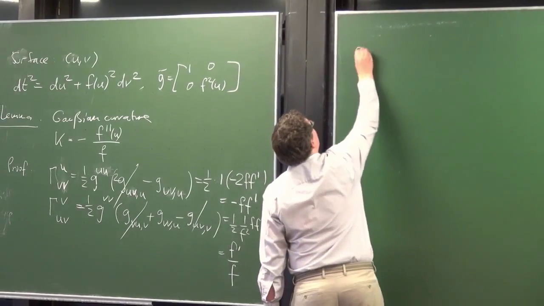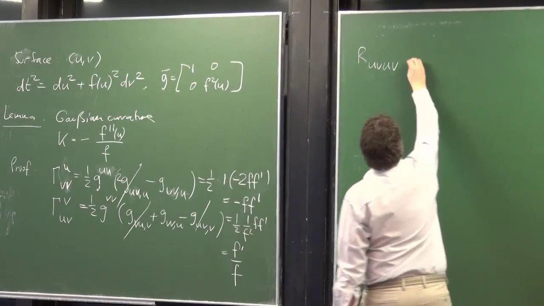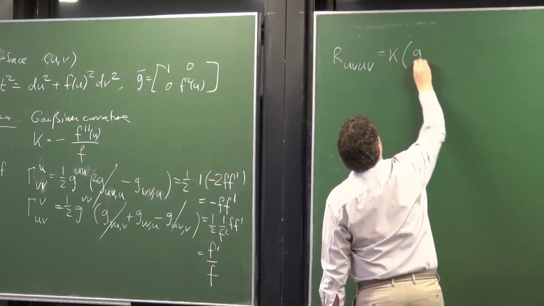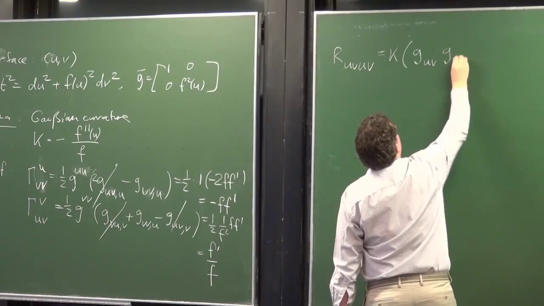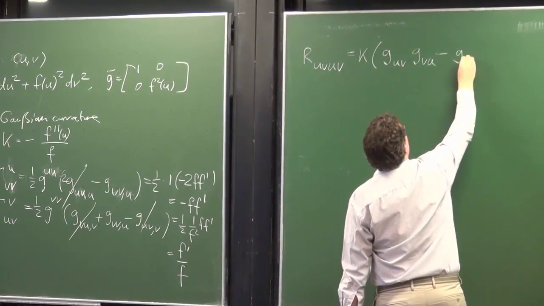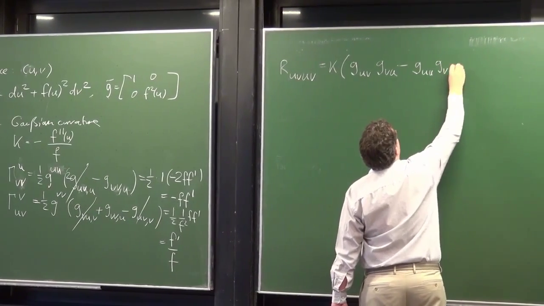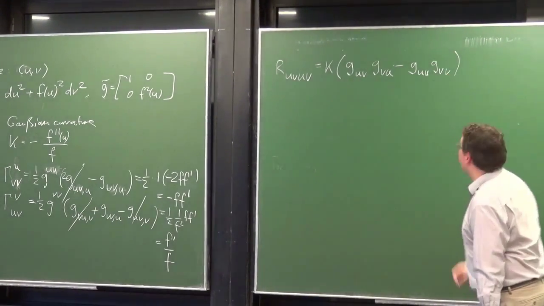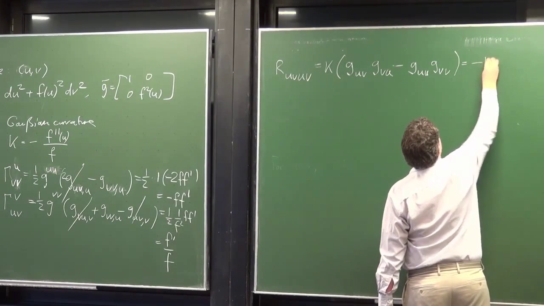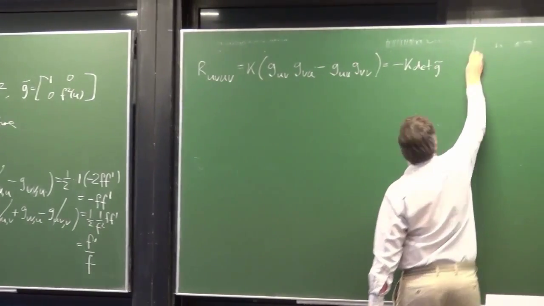Well, what about R_UVUV? Well, this will be K into G_UV G_VU minus G_UU G_VV, right? What is that? Well, that's actually K times minus the determinant of the metric, G twiddle.